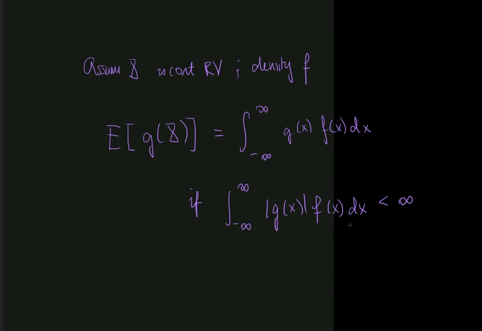So remember this for future exercises, especially, for example, if the density only exists for x between a and b, then these boundaries should be a and b. And then it's quite clear that then this expression is less than infinity in those cases.